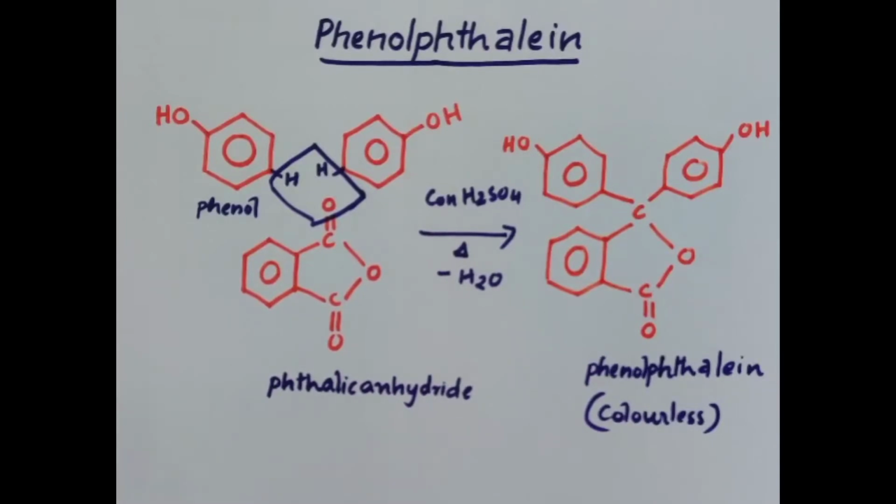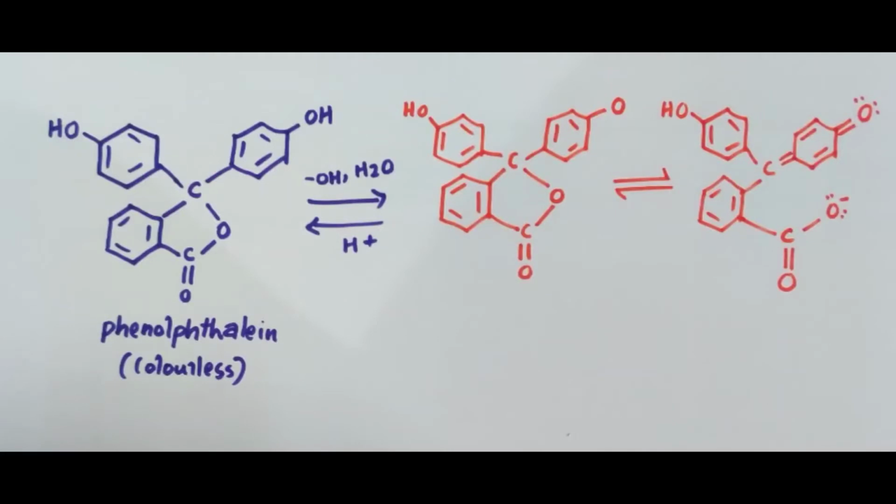Now let us discuss the explanation of the pH-related color change of phenolphthalein. Since it is an indicator, it shows a color change when pH changes.